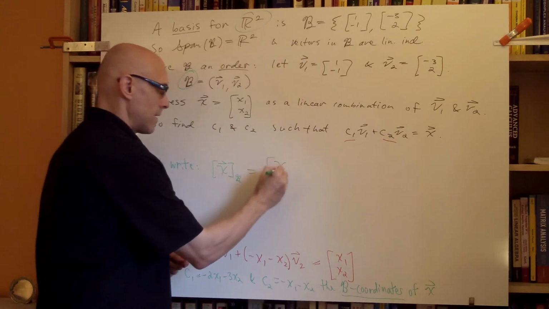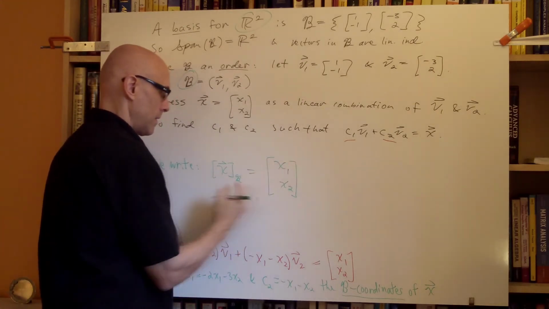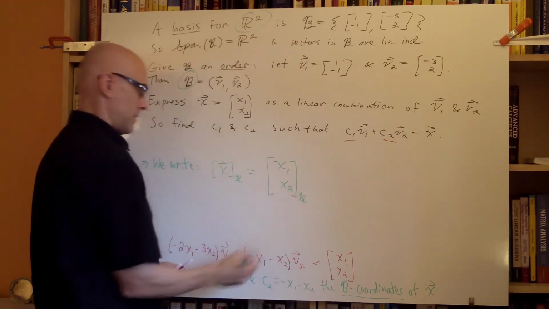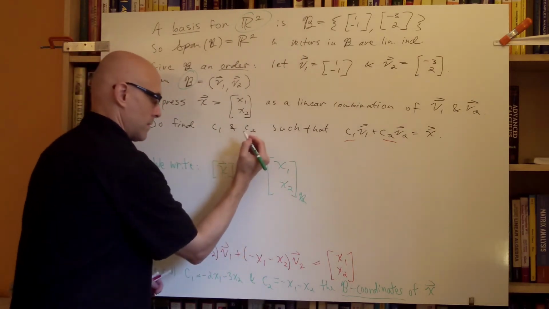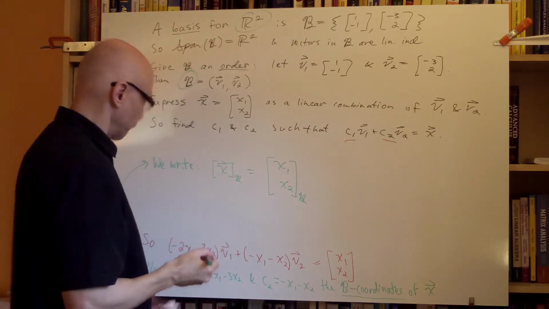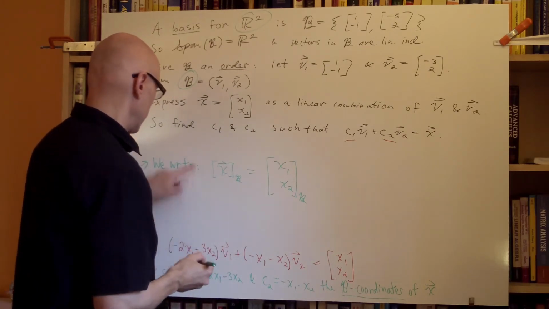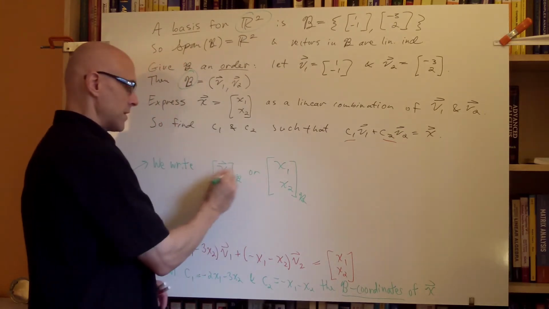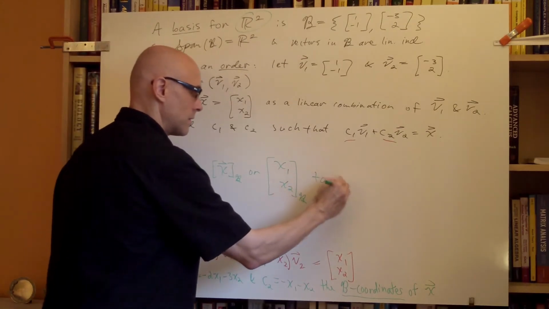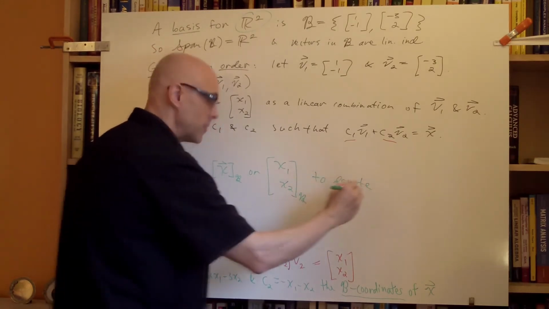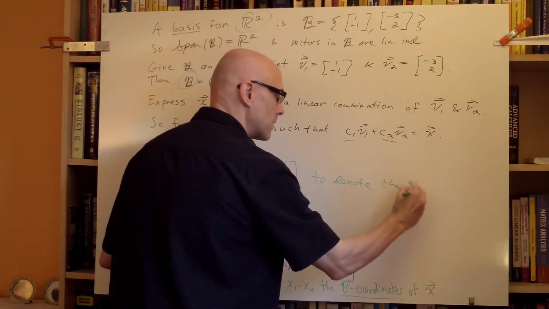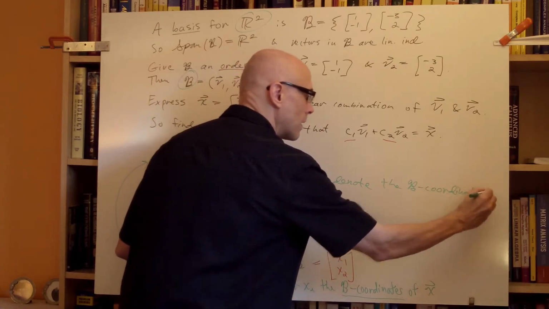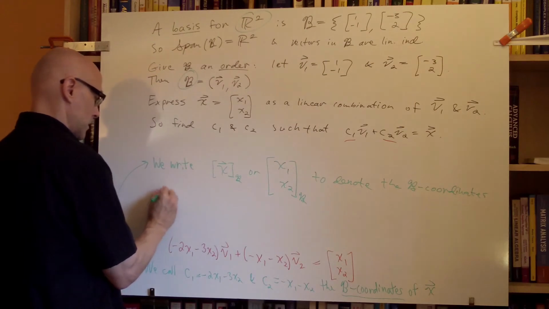Now that's to say, well, x is, of course, this. So we could also write that, of course. So we write this or this to denote the B coordinates of x.